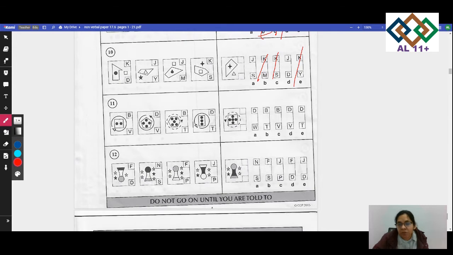And next, you have to think between S and D. If I look at S, S has the same shape inside: 1, 2, 3, 4, 5. It has one shape less on that. Black four-pointed stars.